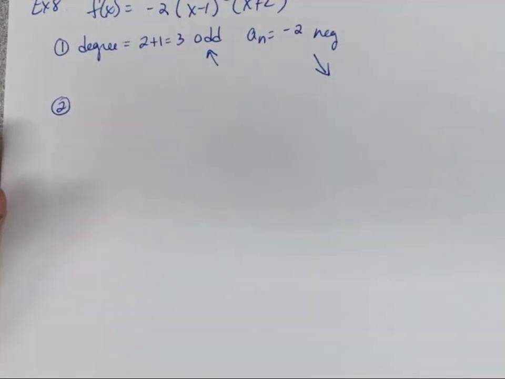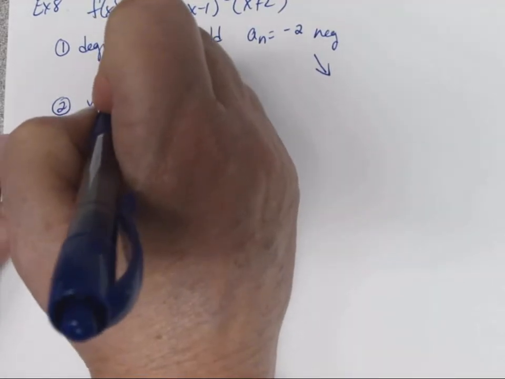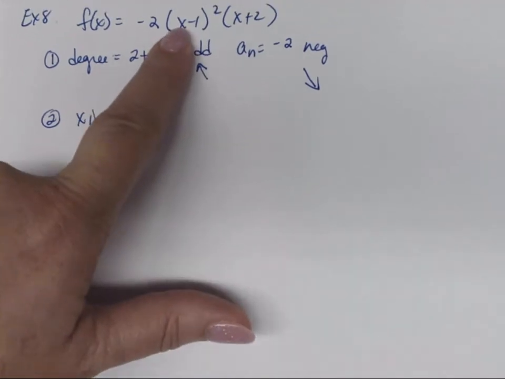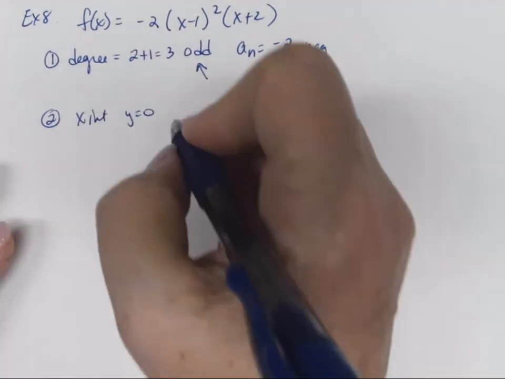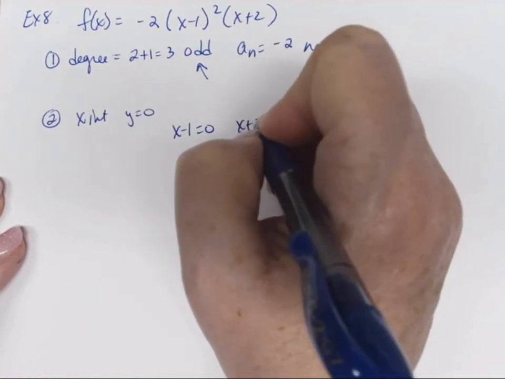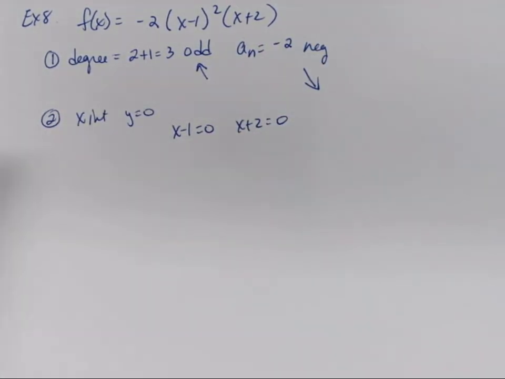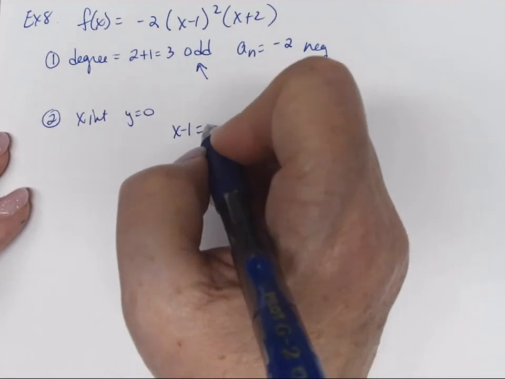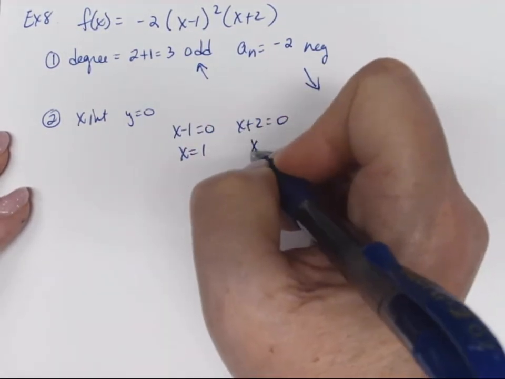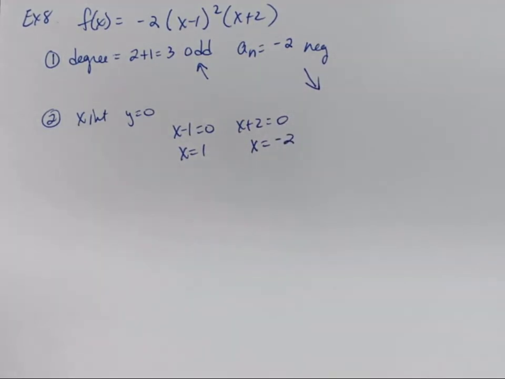All right, number 2, x-intercepts. That's where we set y equal to 0. Again, this one's already factored, so all you really need to do is bring down the x minus 1 equals 0 and the x plus 2 equals 0. So x minus 1 equals 0, x will equal 1. x plus 2 will be x is equal to negative 2 when we move them over doing the opposite operation.